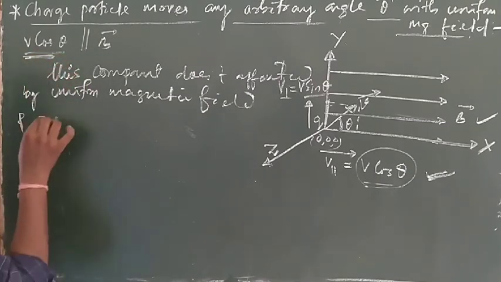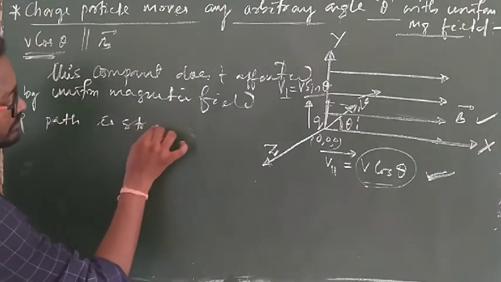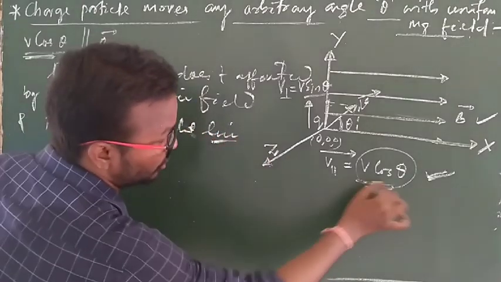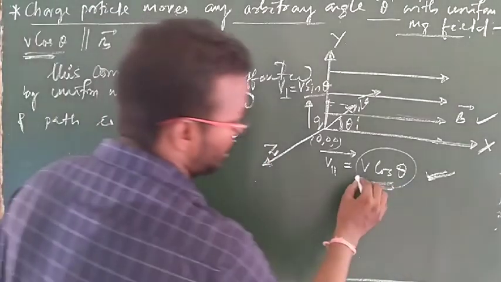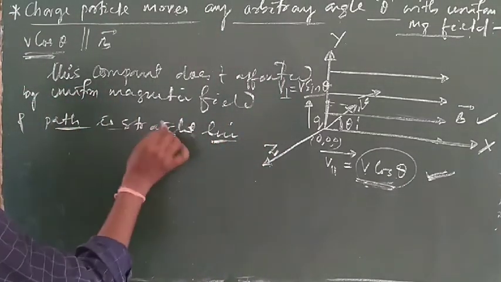Due to this component, only the horizontal component V cos theta, the path of the charged particle is a straight line.